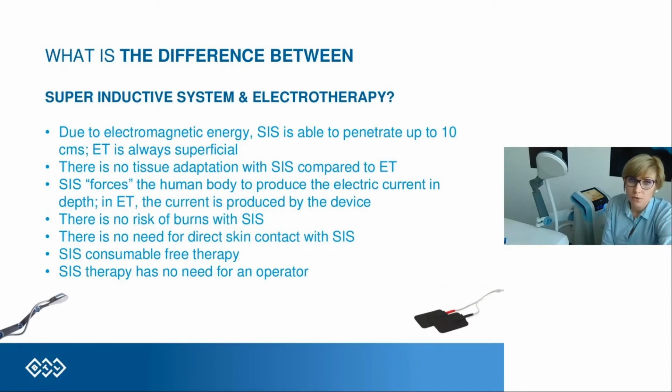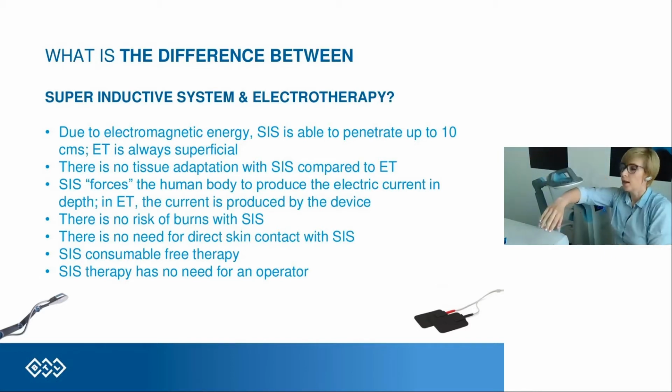The example is when we have some kind of fracture and we want to support the healing process of the bone. So we can do this over the cast. So for example, if we have the fracture on the forearm and we have a cast, we can just apply the superinductive system over the fracture on the cast, and we can stimulate the healing process of the bone.